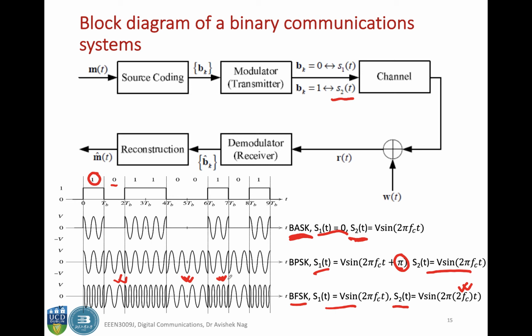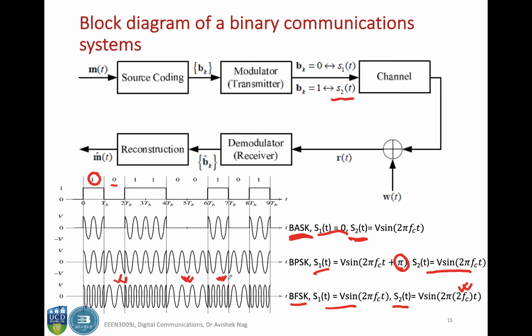You will see later in this module, when we have M-ary modulation systems where we have more than one bit sent together as a symbol, we will have different scenarios.